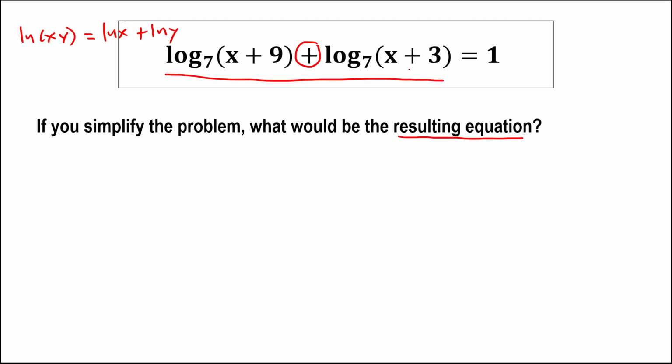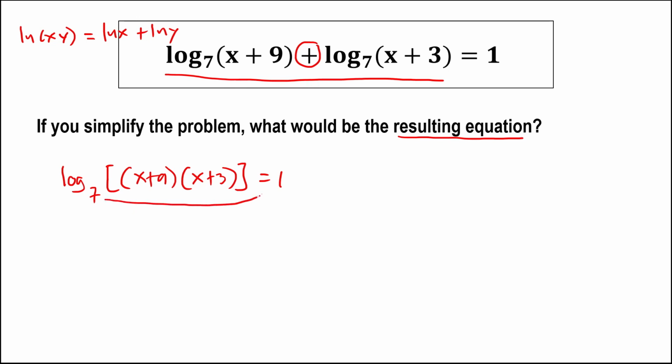So we can write this logarithm as log with base 7 of x plus 9 times x plus 3, equals 1. Then to rewrite this in exponential form, we have 7 to the power 1 equal to x plus 9 times x plus 3. Then to simplify, 7 to the power 1 is equal to 7.